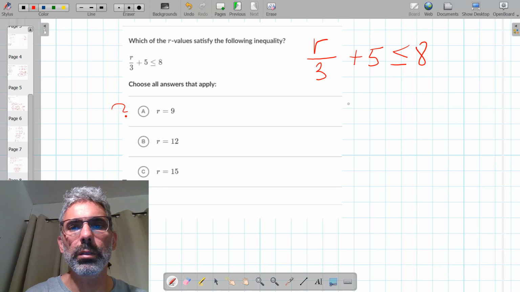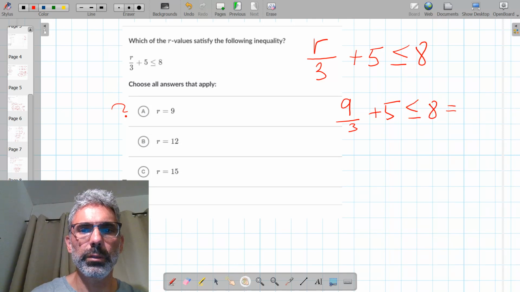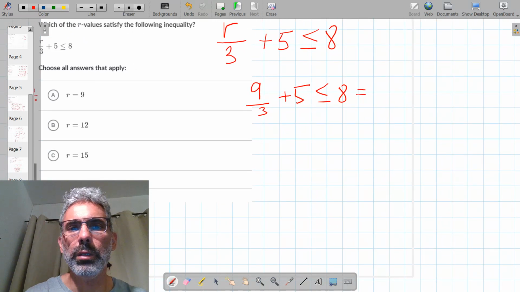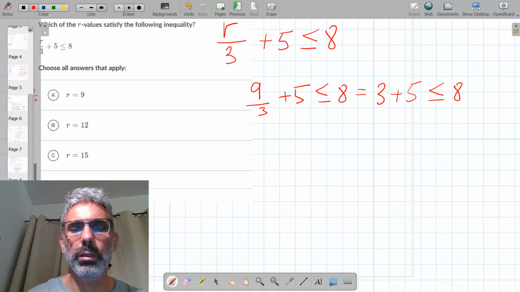So 9 divided by 3 plus 5 has to be less than or equal to 8. So 9 divided by 3 is 3. 3 plus 5 has to be less than or equal to 8.